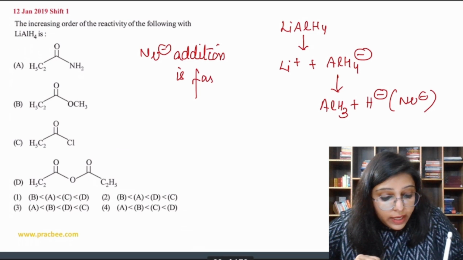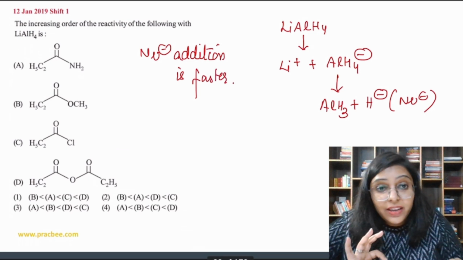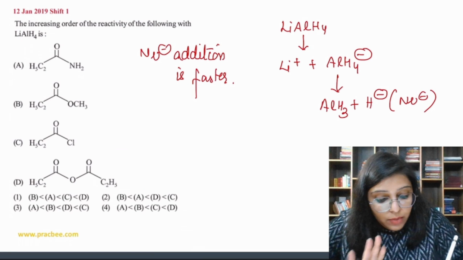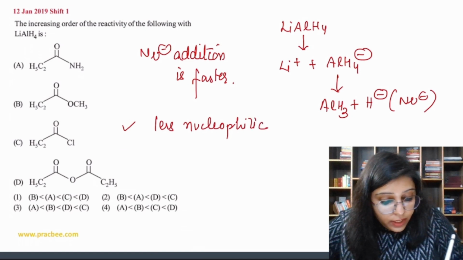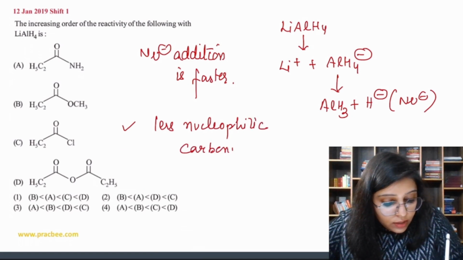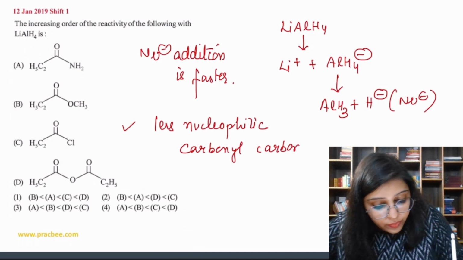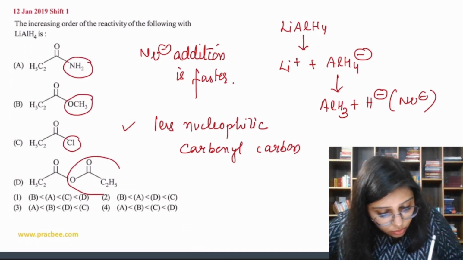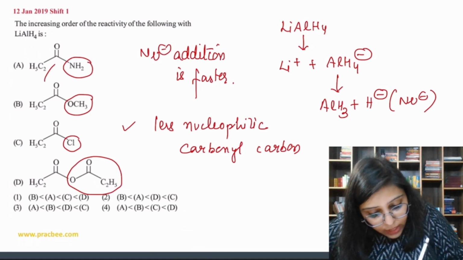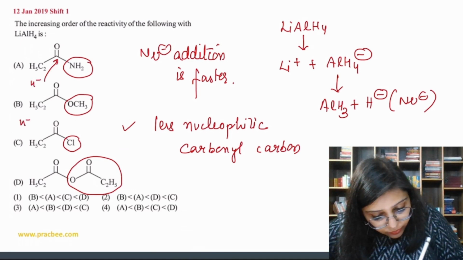So for nucleophilic addition, we should be having a less nucleophilic carbonyl carbon. See, this is NH2, this is OCH3, this is Cl and this is OCOCH3. So we are going to attack H minus over here.